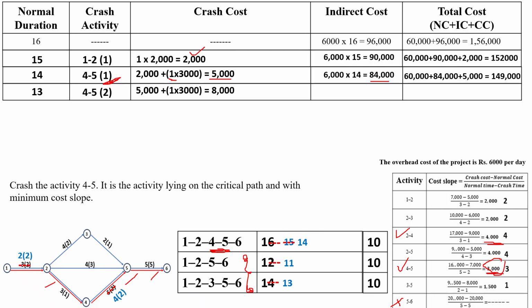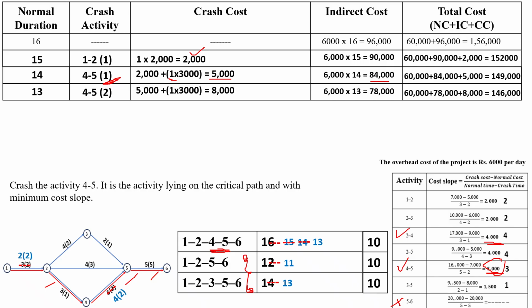And indirect cost is 6000 into 13, which is equal to 78,000. The total cost will become the 60,000 normal cost plus 78,000 indirect cost plus 8,000 crashing cost, which is equal to 1,46,000. So now the duration of the critical path 1, 2, 4, 5, 6 is reduced to 13 days.